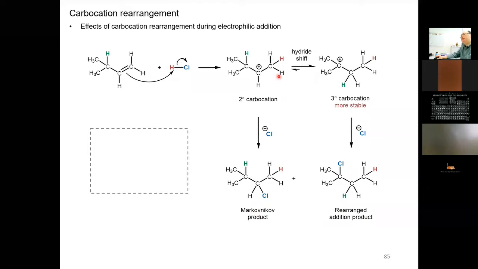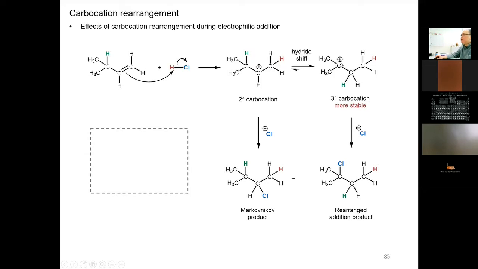But as we just learned, this secondary carbocation has a tendency to rearrange to a tertiary carbocation, which is more stable. So the green hydride will migrate, a 1,2 rearrangement, to this carbocation. And now it becomes the tertiary carbocation.